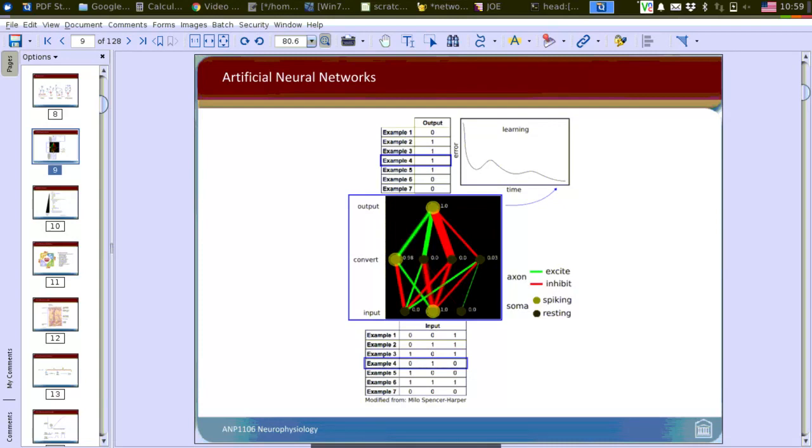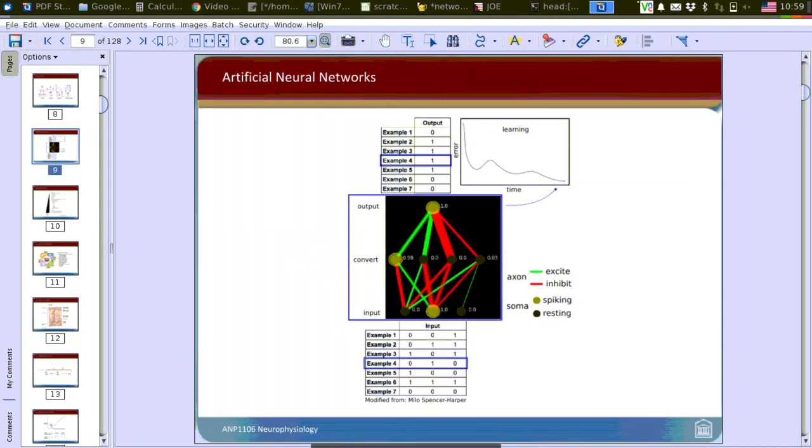Now, you can see at the bottom that there are 7 sample input patterns. So there are 7 different examples. 0 means no activity, 1 means activity. Or in this case, if you consider this to be photoreceptors, 0 means no light, and 1 means light impinging onto the photoreceptors.